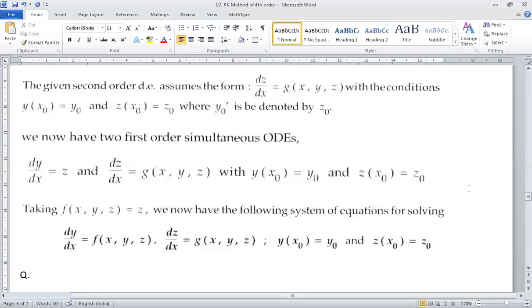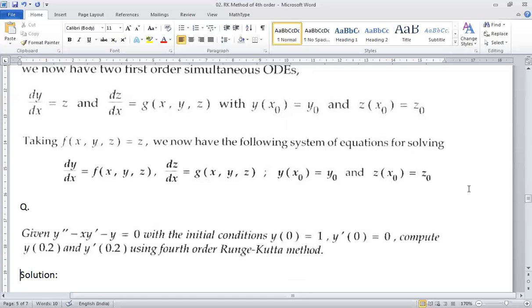So the two simultaneous differential equations we have are dy by dx is equal to f of x comma y comma z, and the second equation is dz by dx is equal to g of x comma y comma z, with the initial conditions y of x naught is equal to y naught and z of x naught is equal to z naught.